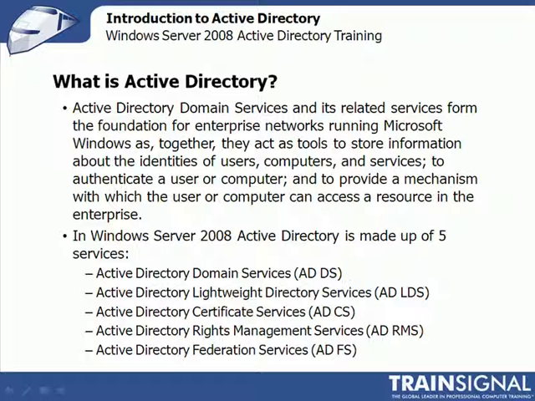But technically, Active Directory, if we just use that generic term, although we're usually referring to the domain services, now includes 4 additional services: lightweight directory services, certificate services, rights management services, and federation services.